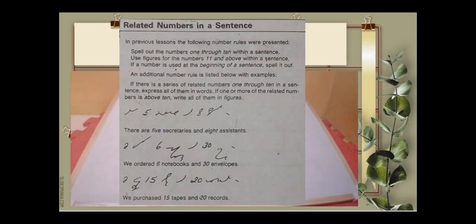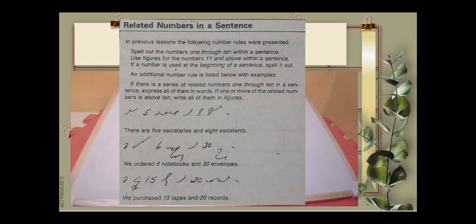And for our lesson 41, we have related numbers in a sentence. In the previous lesson, the following number rules were presented. Spell out the numbers 1 to 10 within a sentence. Use figures for the numbers 11 and above within a sentence.